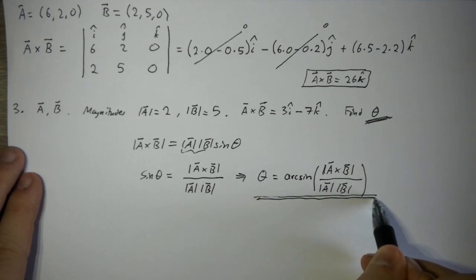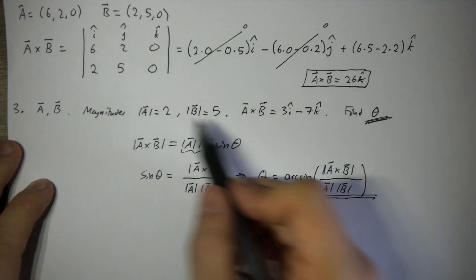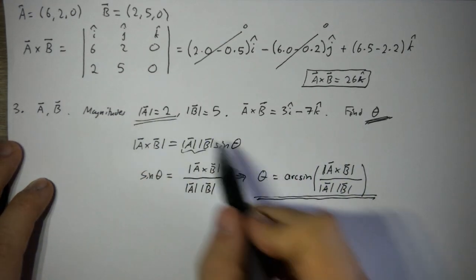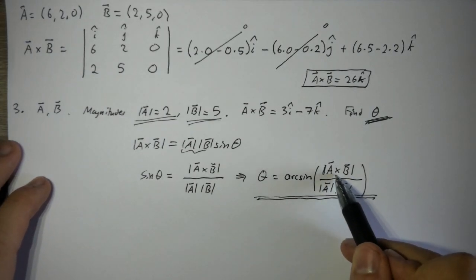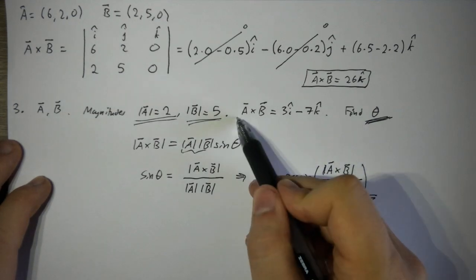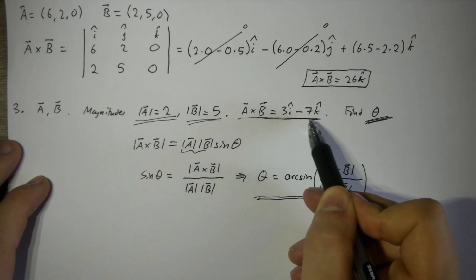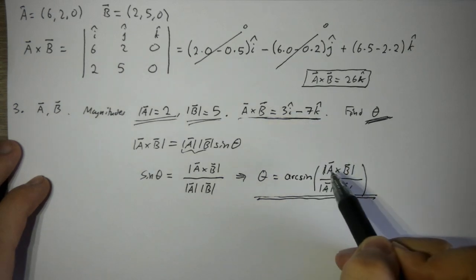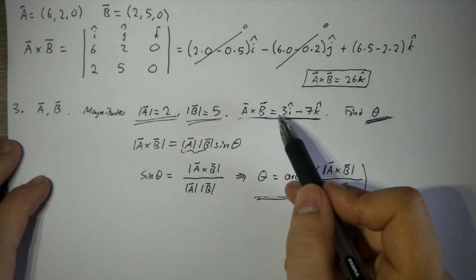Now we can ask ourselves, what do we need to find in this equation? What do we already know? Well, we know the magnitude of A, we know the magnitude of B, but we don't know the magnitude of the cross product. But we're given the cross product, we're given the full vector. And so we need its magnitude though. And so in this case, this is simple.